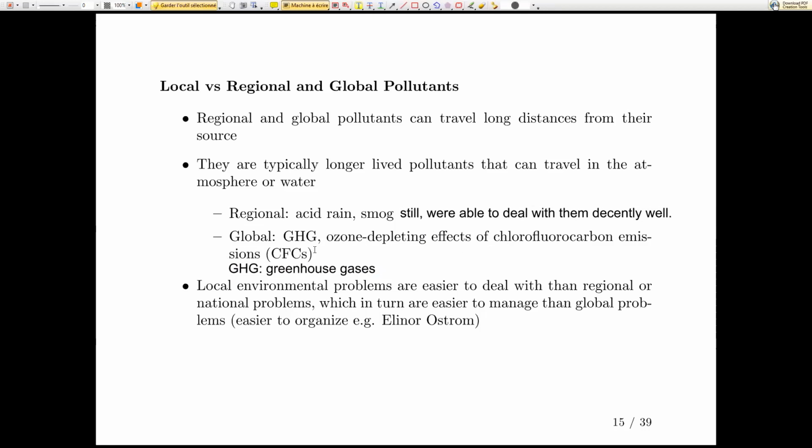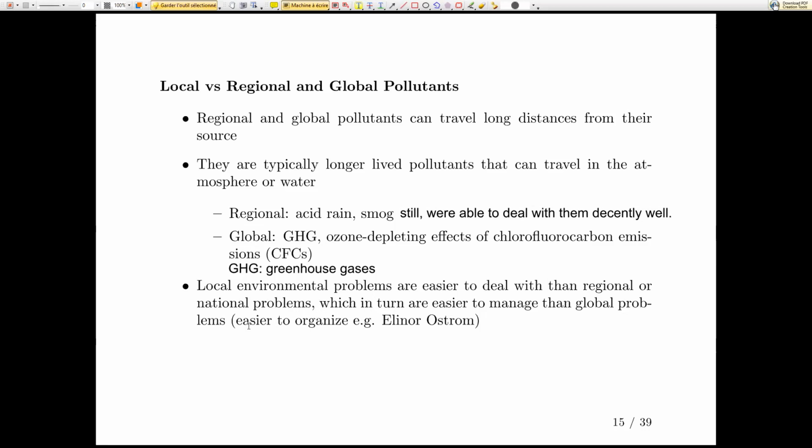We were mostly able to do this because we could talk to each other, but also there were alternatives to CFCs to use in fridges, for instance. Now your fridge can run even though you don't have CFCs in it. The problem with greenhouse gases is that, as we're going to see, the alternatives are still expensive. So local problems are easier to deal with than regional or national problems.